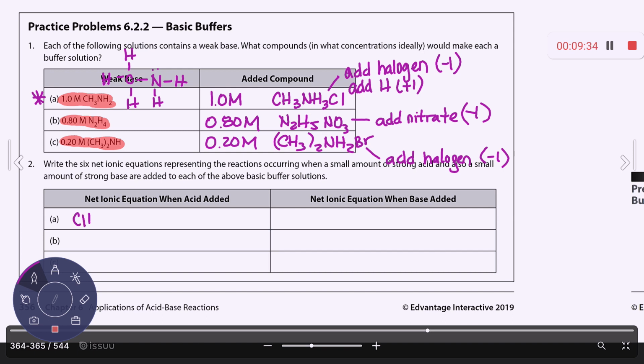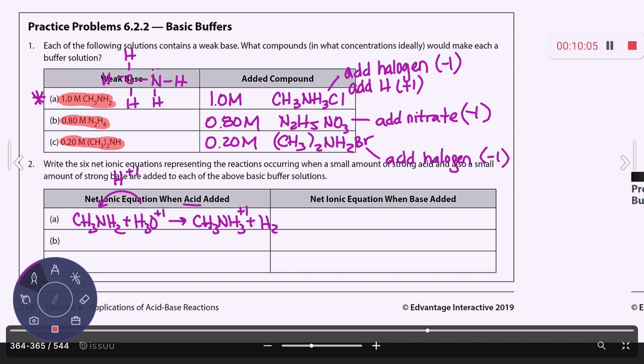So if I've got CH3NH2 and I'm adding acid, then I would add a hydronium ion here. And then what's going to happen is the hydrogen ion will come over here, and you will end up with CH3NH3 +1 and a hydroxide, right? Or no, H2O.